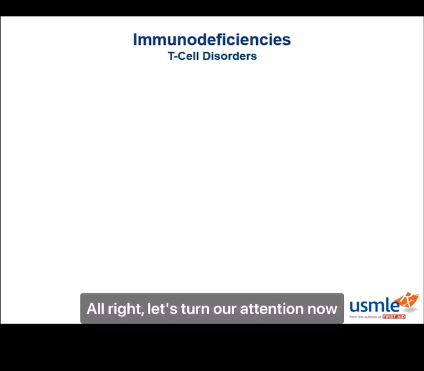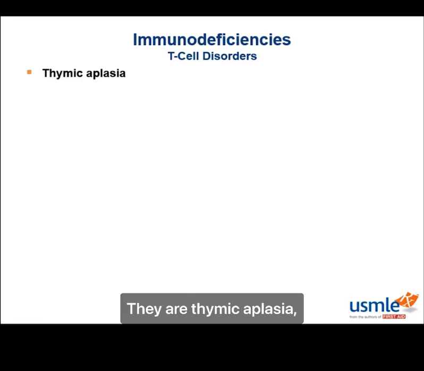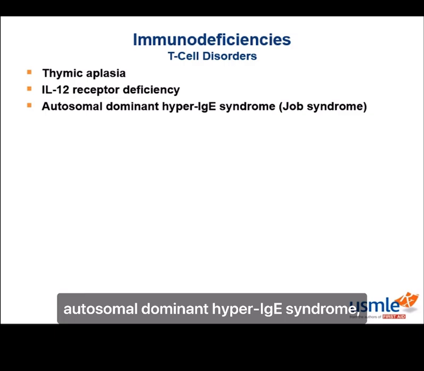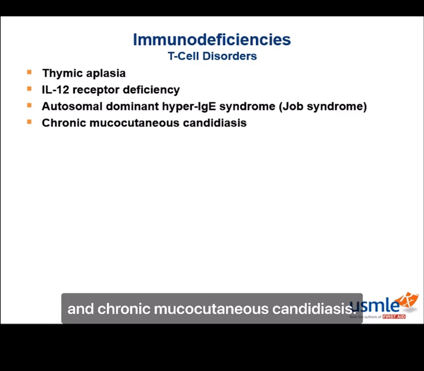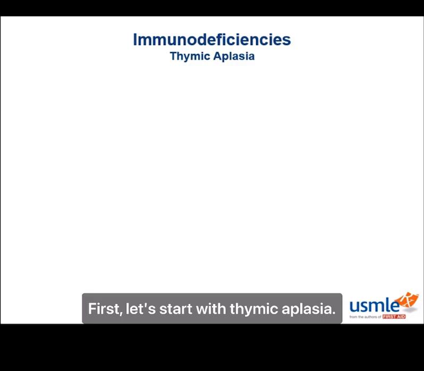All right, let's turn our attention now to the immune deficiencies involving T cells. They are thymic aplasia, IL-12 receptor deficiency, autosomal dominant hyper-IgE syndrome, also known as Job syndrome, and chronic mucocutaneous candidiasis. First, let's start with thymic aplasia.